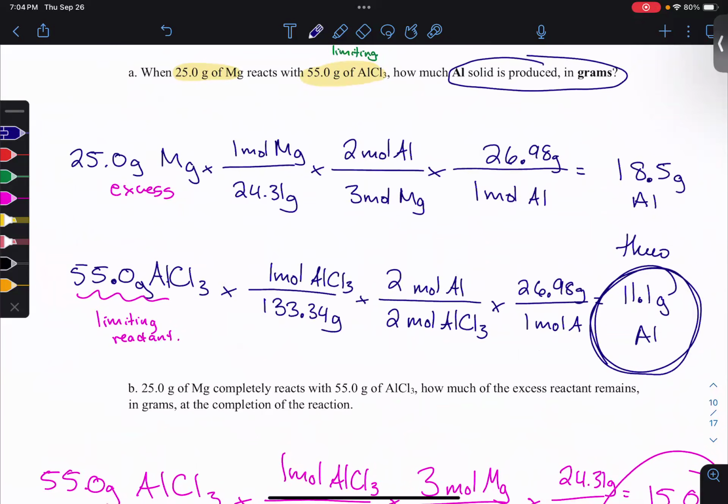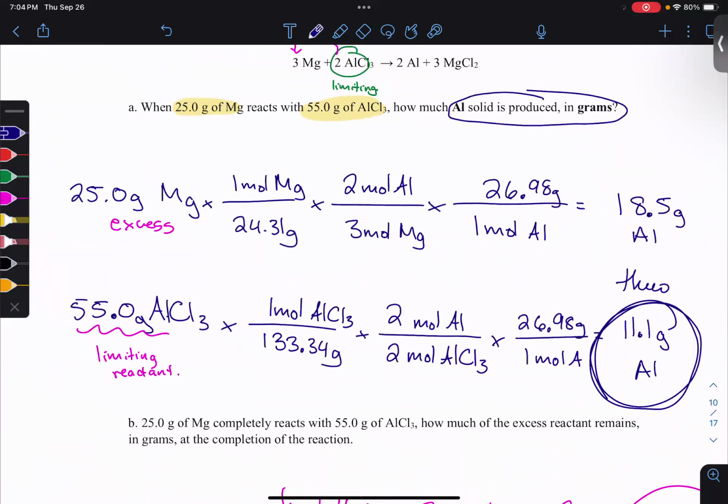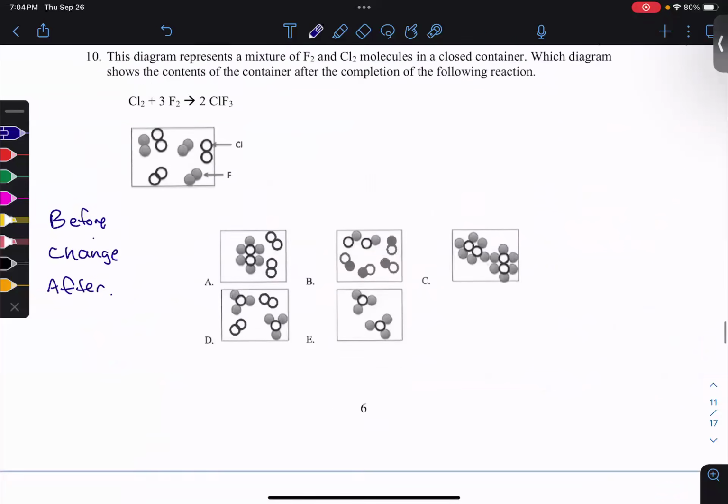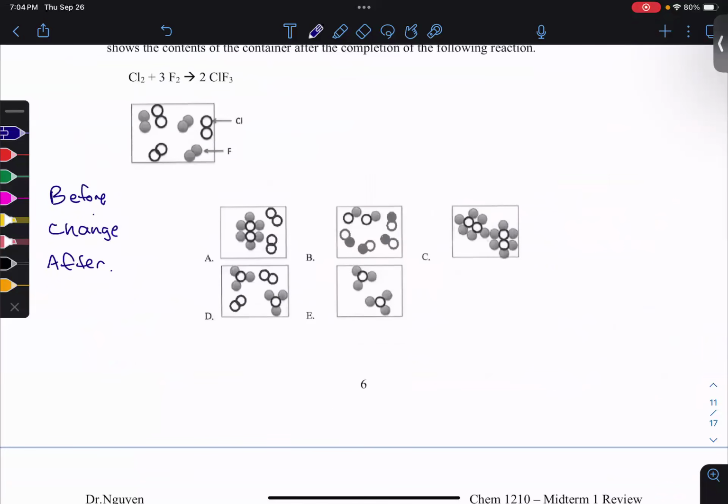So not doing a BCA table for these questions is absolutely fine because it's too time consuming to convert all the gram amounts to mole amounts to put in a BCA table. But in this example, can you count how many chlorine molecules there are? Yes. Can you count how many fluorine molecules there are? Yes. Those number of particles can go straight into a BCA table. So in these examples, it's probably good to do a BCA table.